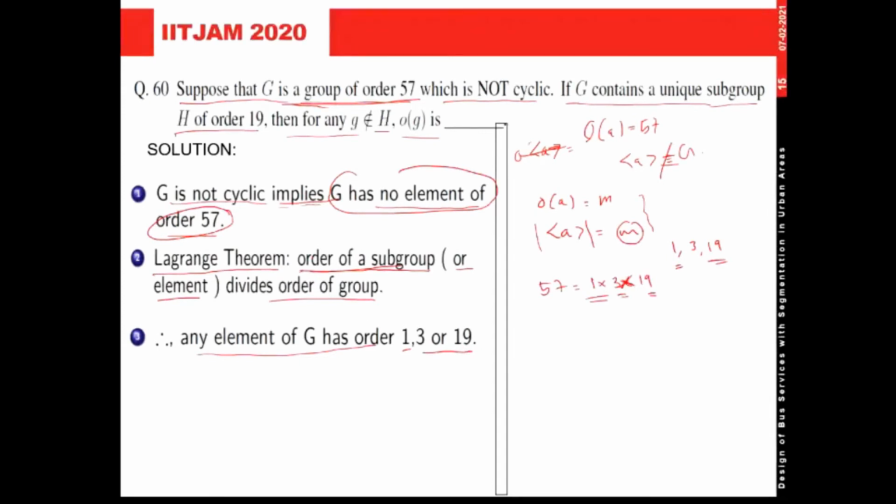Now H is a subgroup, and this is the unique subgroup of order 19. Then the identity element e must be contained in H. That means the element of order 1 must be contained in H. So if g does not belong to H, then g is not equal to e, because e is the identity element that must be inside the subgroup.